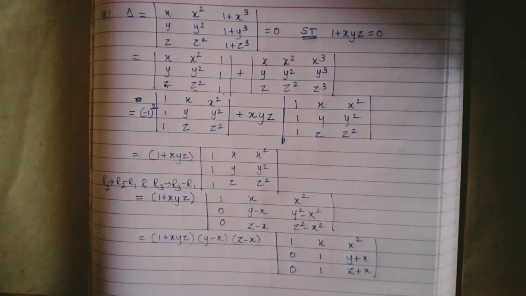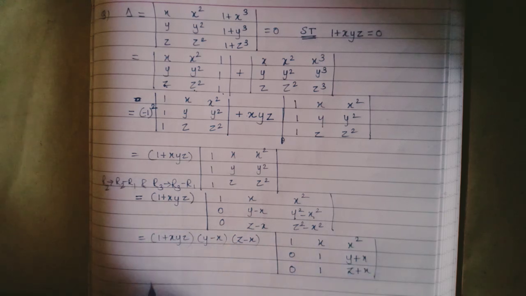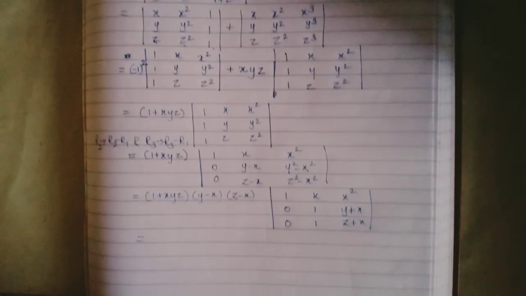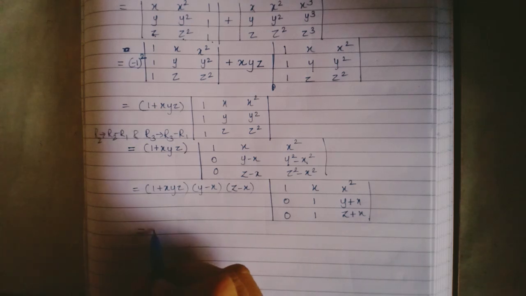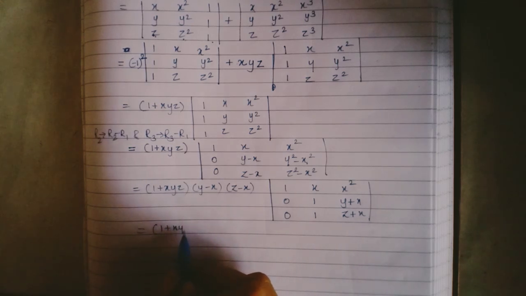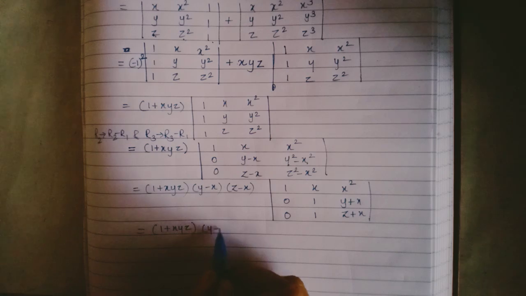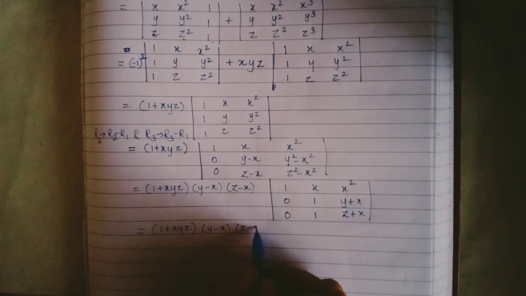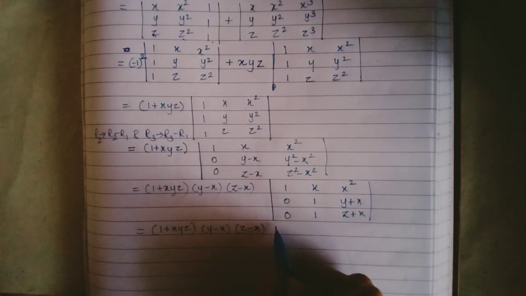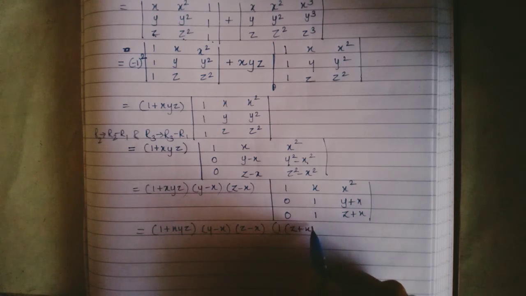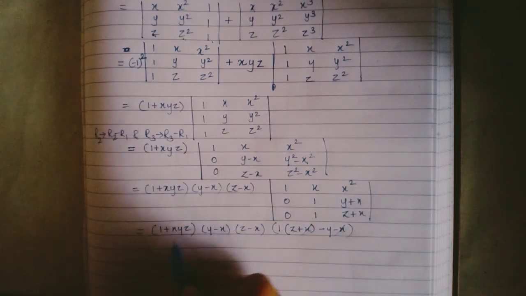Okay, now if you expand this, let's see what you get. Expand along C1, so it will be 1, z plus x minus y minus x, so this will be z minus y.